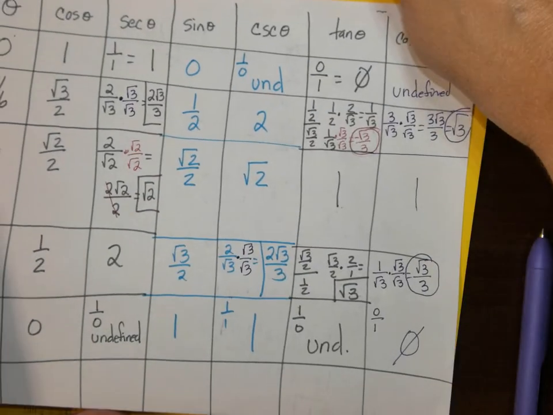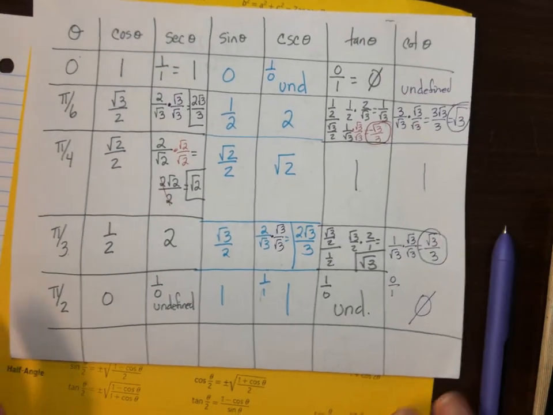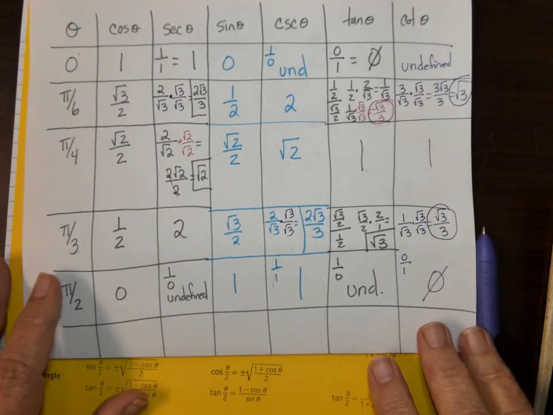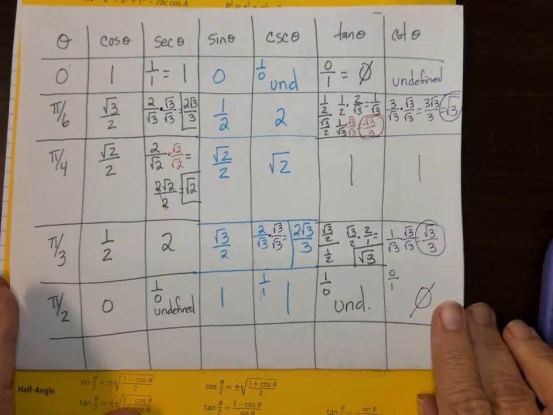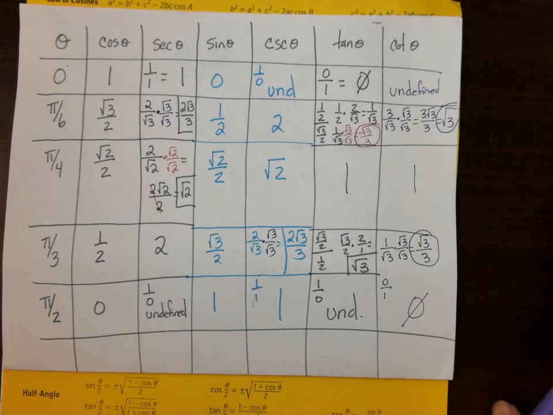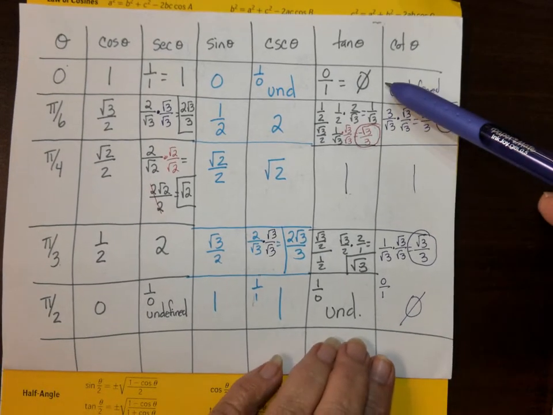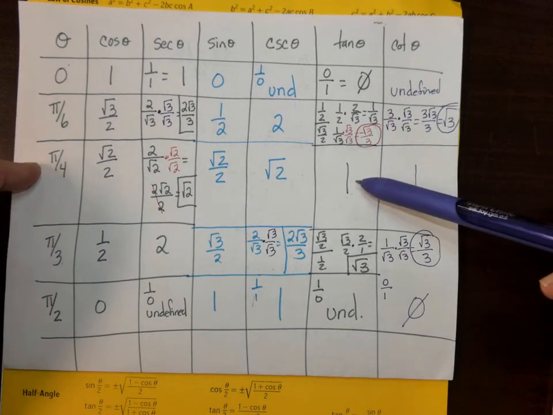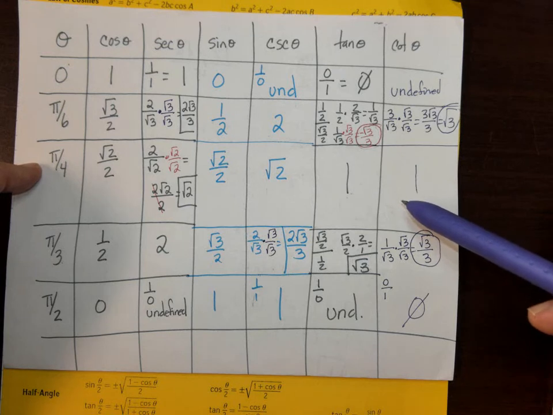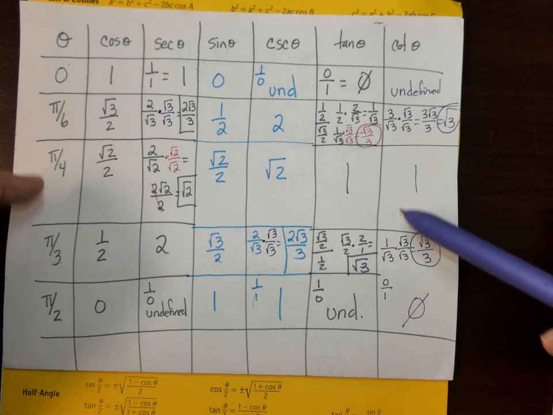Guys, if this is something and you wrote it just kind of junky, all scribble scrabble in the corner of your notes, you might want to make yourself a really nice pretty one of this. If you were absent when we did this, you might want to take a screenshot or a photo right now. Look at my answers for tangent. Pi over 4, 1. Very nice number to have in our problem.